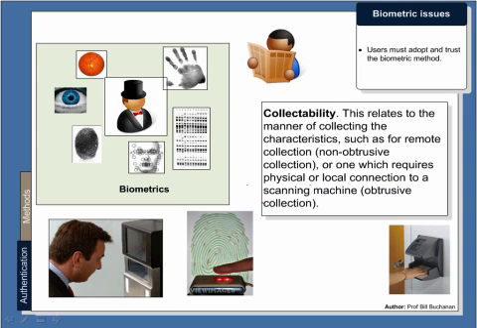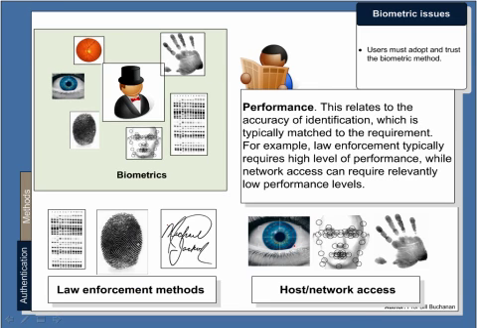There is obviously an issue related to collectability, in that some methods are non-obstructive, where the user doesn't actually have to be within range of the scanner, but others actually do. And then there is generally performance.